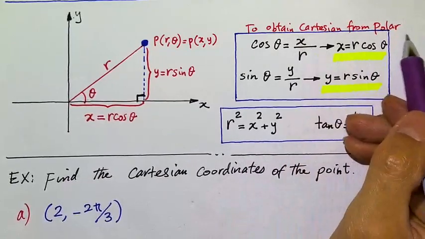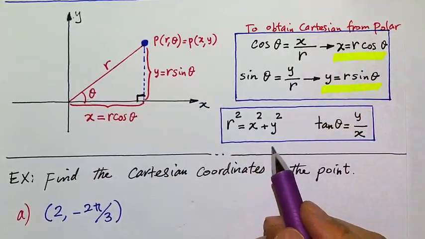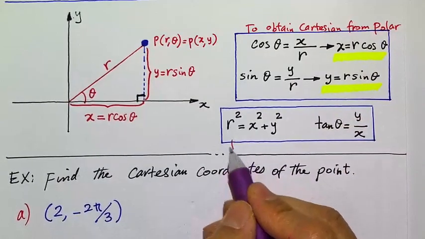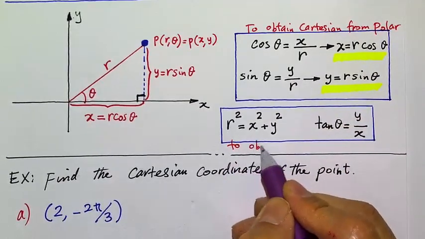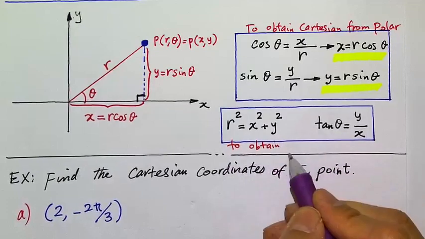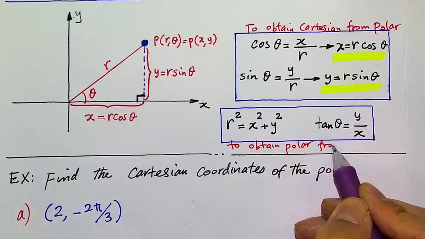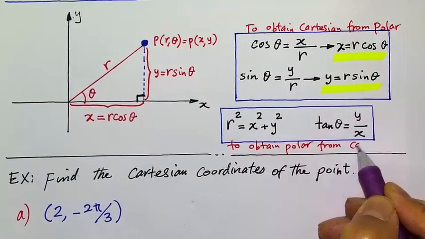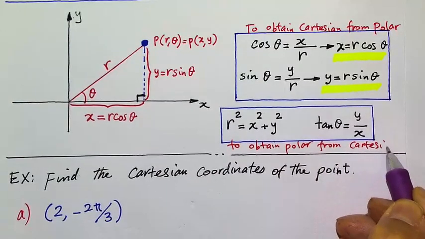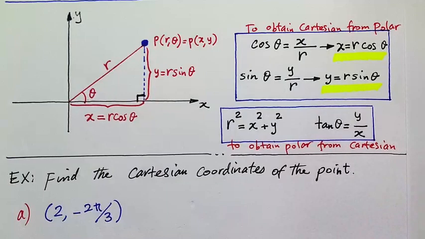I just shortened it so that it would fit. And here, to obtain polar from Cartesian coordinates. Okay, so we'll use this.